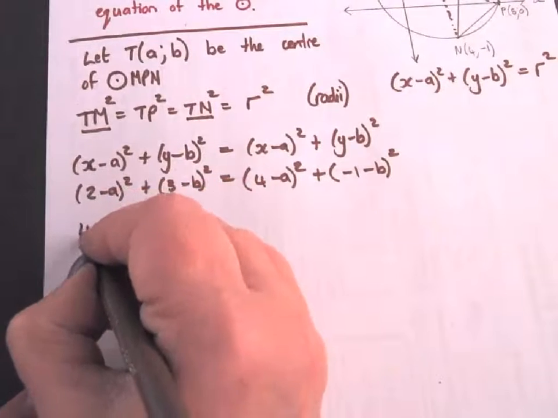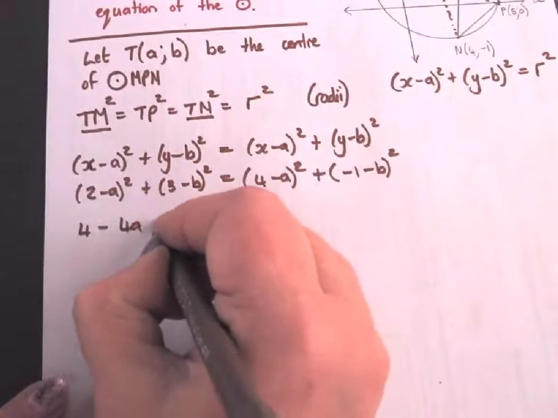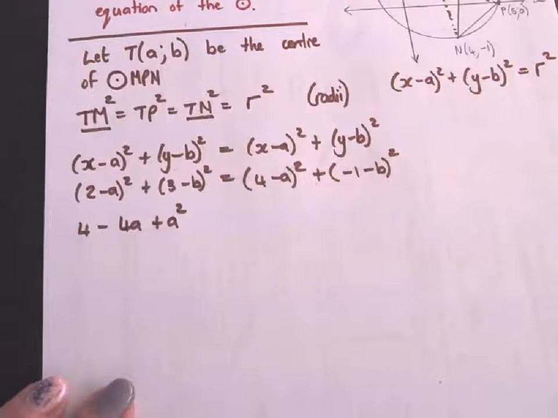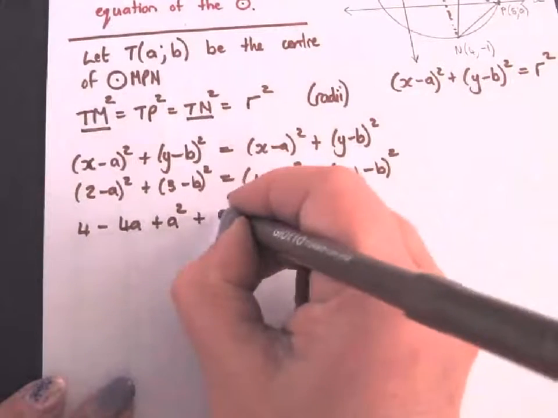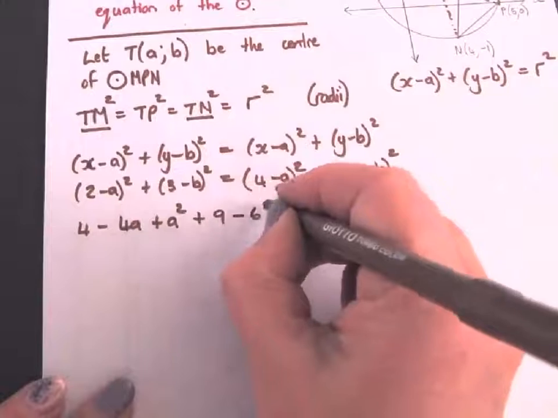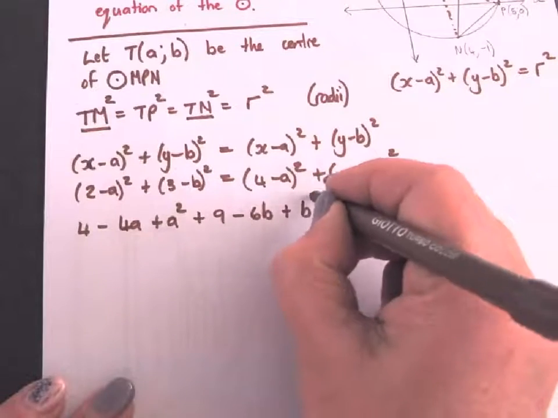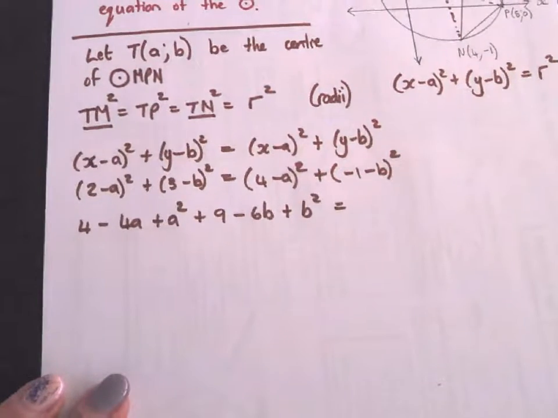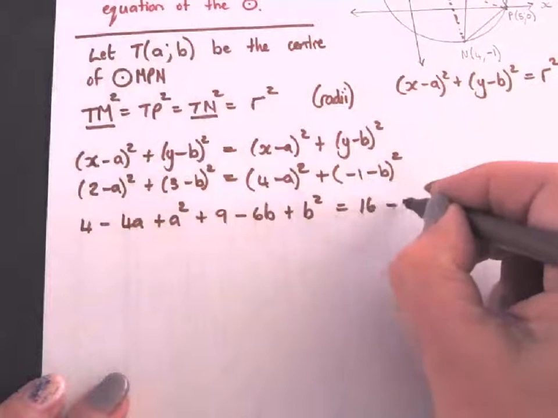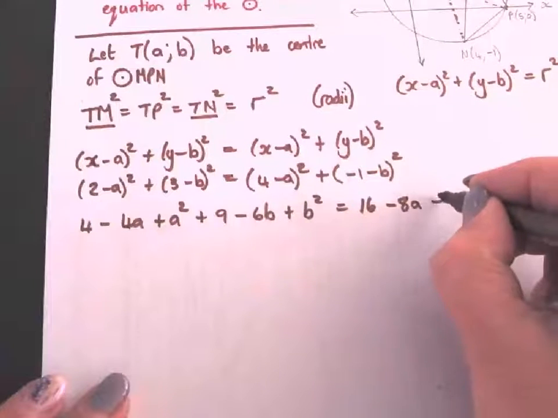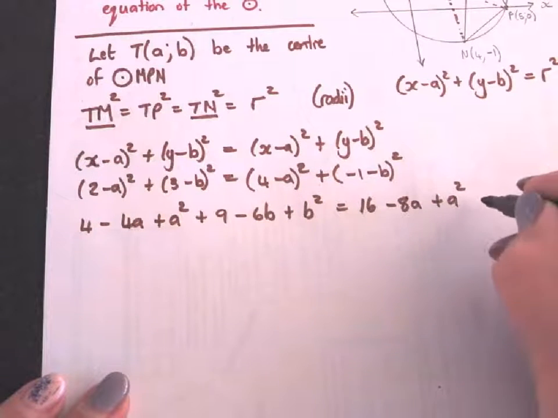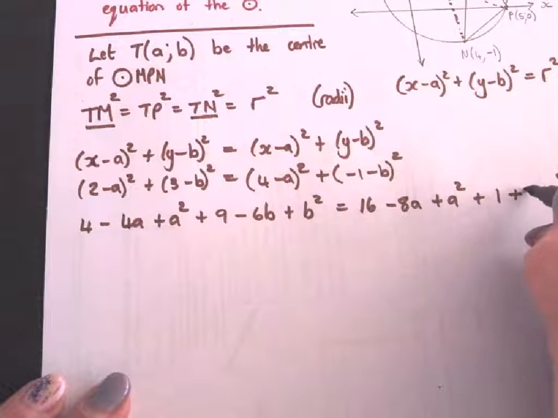This will give you 4 minus 4a plus a squared. And the next one will be 9 minus 6b plus b squared equals 16 minus 8a plus a squared plus 1 plus 2b plus b squared.